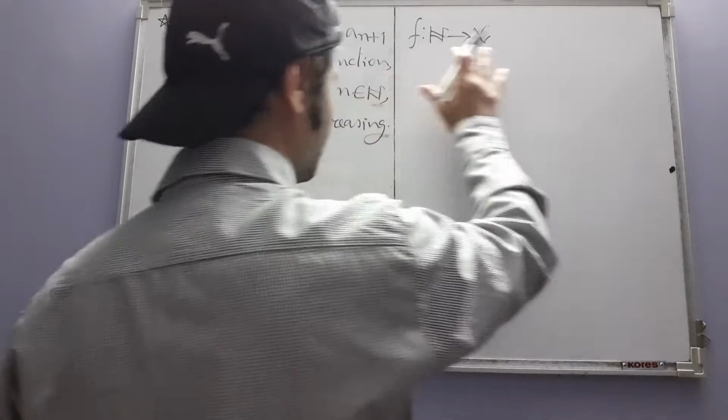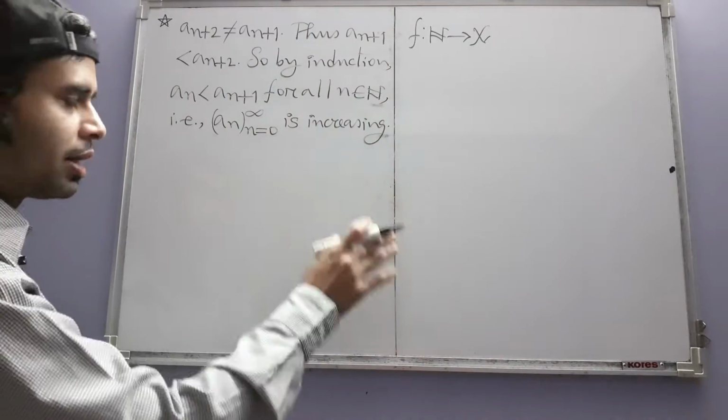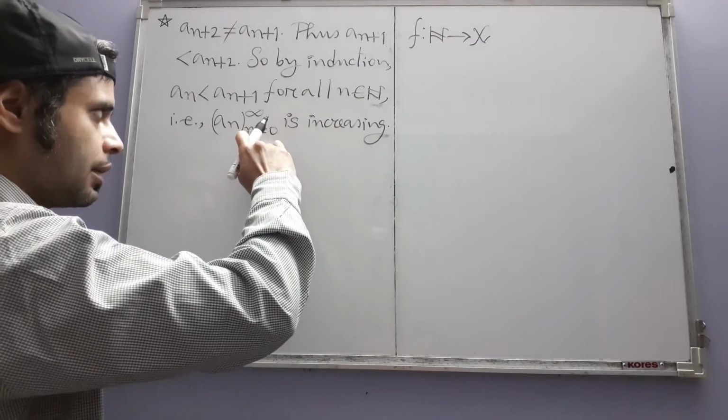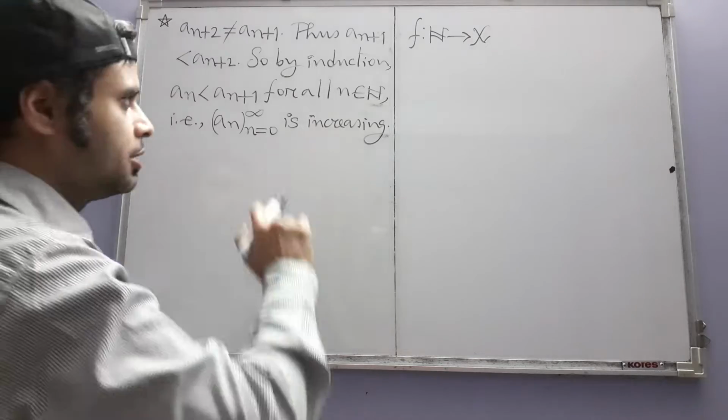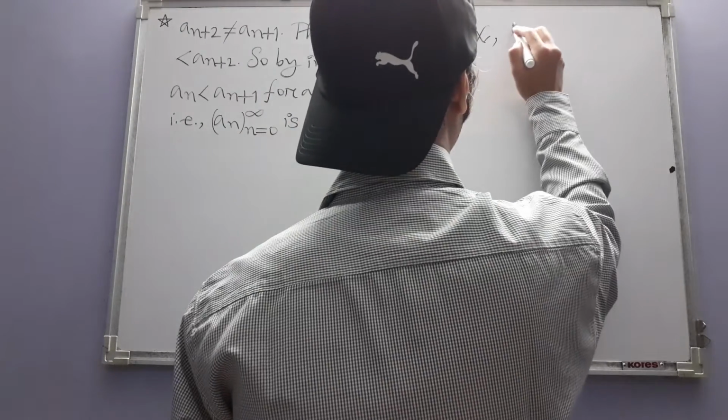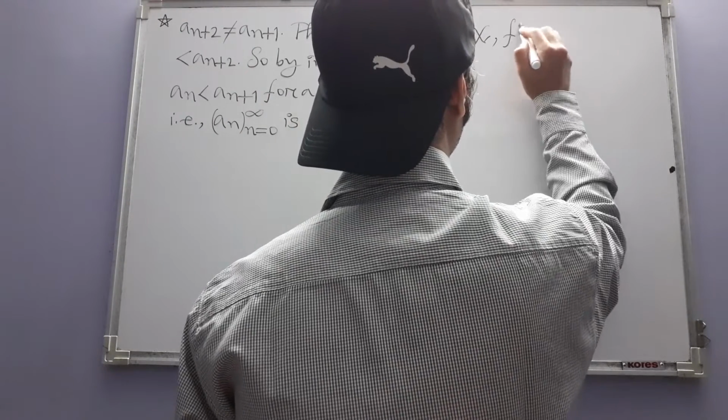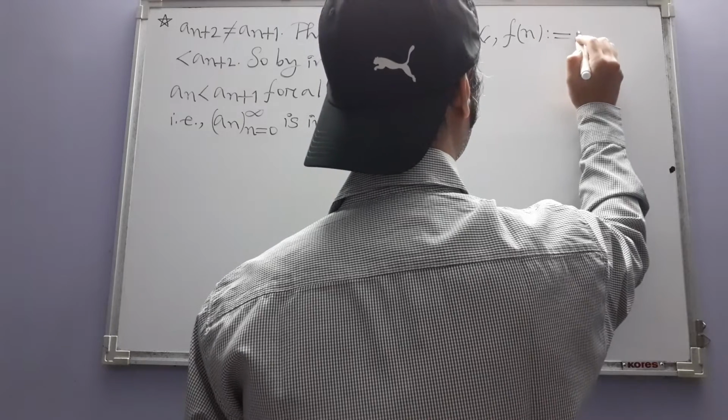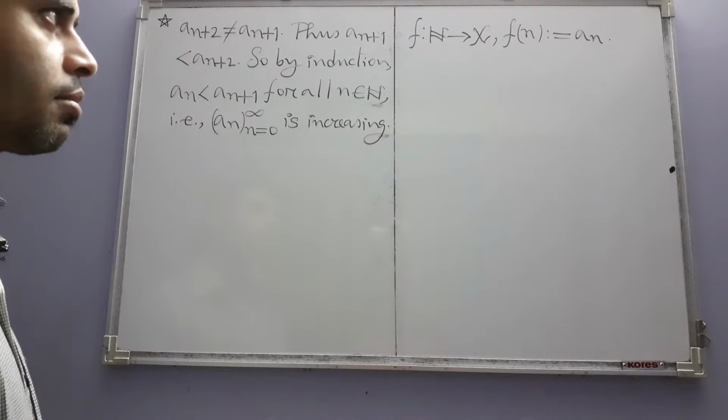So that means whatever I am going to write here is not a part of the solution. The solution is going on and we have temporarily stopped here. f of n is defined to be equal to a_n. Okay.